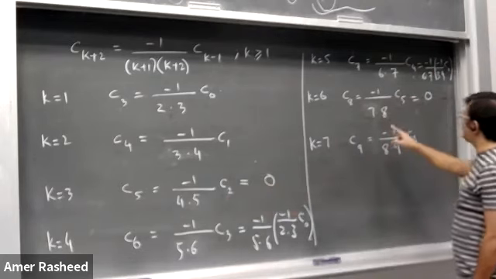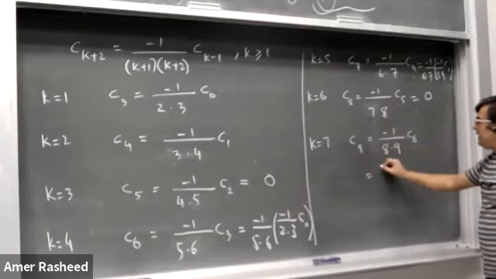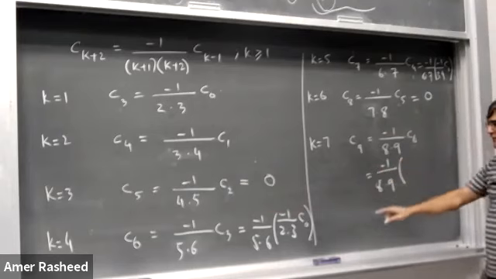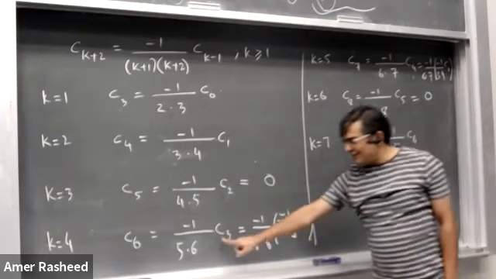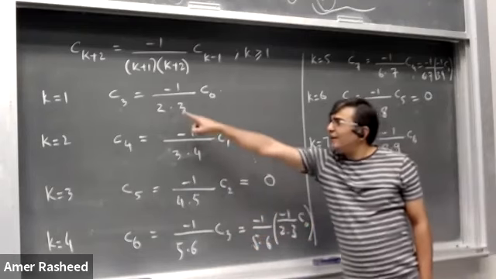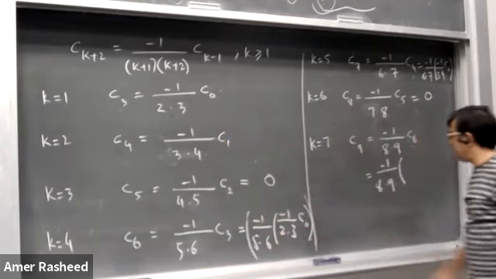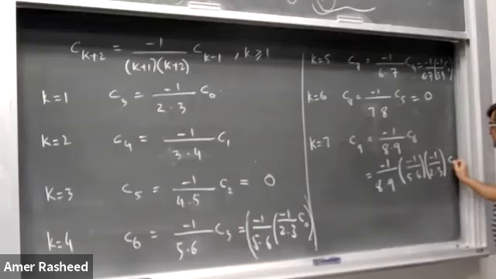And then C6 comes here. You put the value of C6 here, -1 over 8 times 9, and the value of C6 is this one, which contains C3, and C3 is already this. So in fact the value of C6 is this whole thing. You put it here, -1 over 5 times 6, and then -1 over 2 times 3 times C0.